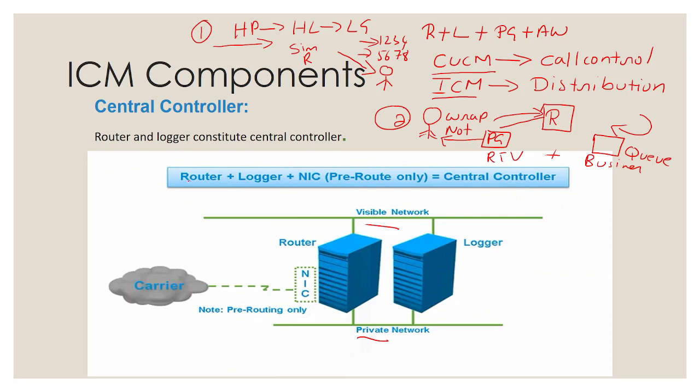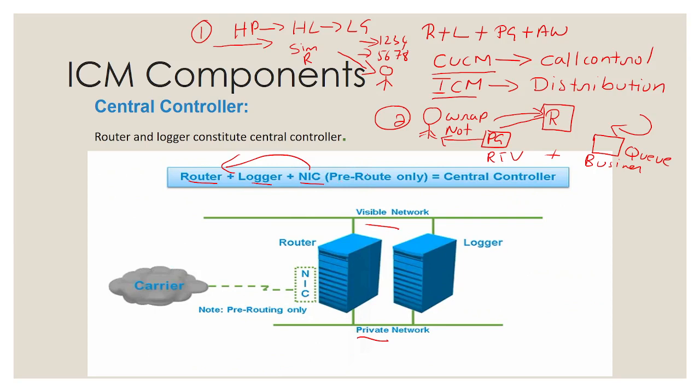So we have learned till now the router and logger, and there is a NIC which was supposed to be installed on the router box, but these are very old ones and we are not using them anymore. There was a concept called pre-route and post-route, where the carrier call is completely delivered to the contact center or it holds the call. Depending on that, we had pre-route and post-route.